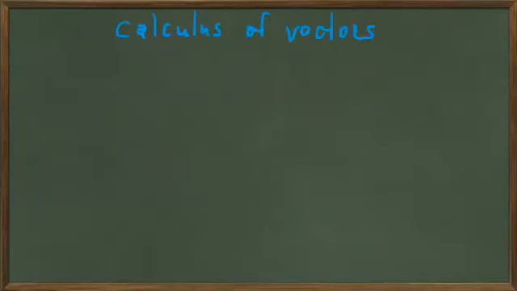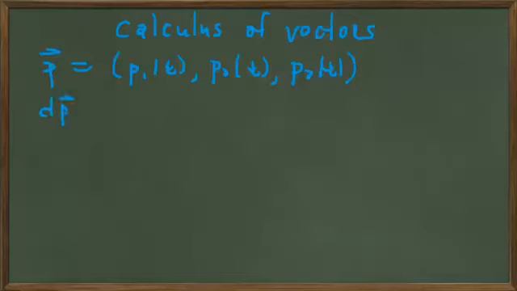So let's look now at some calculus on vectors. Let's suppose that the vector p is defined like this. So p has a p1, a p2, and a p3 component, but all of those components are functions of time. Then the derivative of the vector p with respect to t would be what you would guess.